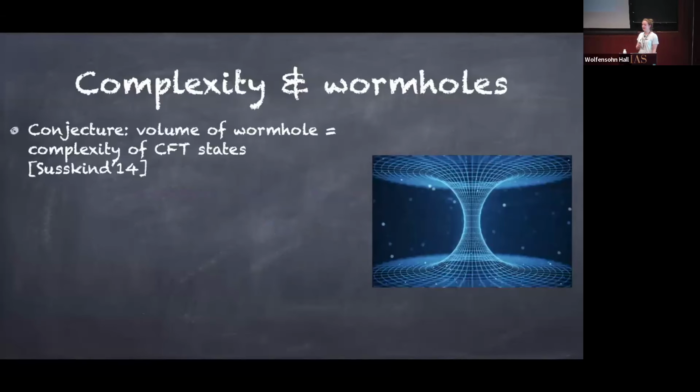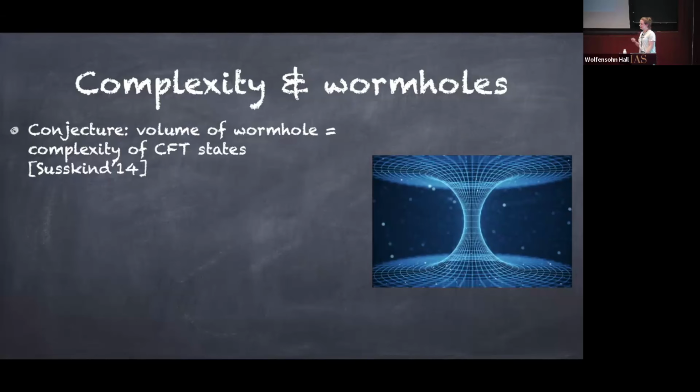So the idea that the volume of a wormhole is equal to the complexity of a CFT state is a conjecture due to Lenny Susskind back in 2014. And the intuition for the conjecture is that in ADS, it's expected that the volume of a wormhole will grow for exponential time.